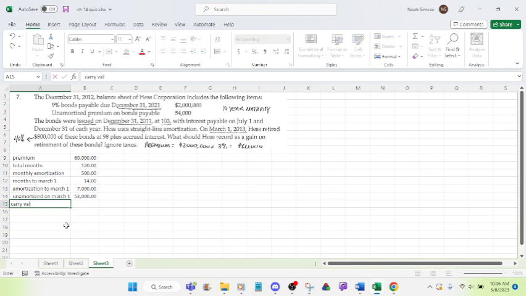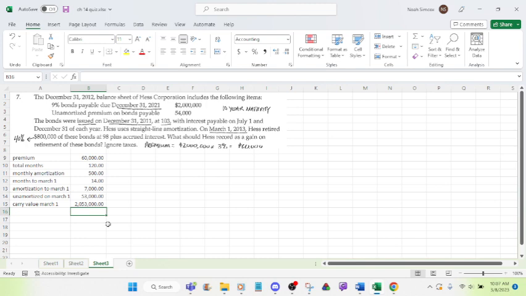Carrying value at March 1st equals 200,000 plus the unamortized premium, times 0.4 equals this times... Okay, actually, no, wait.